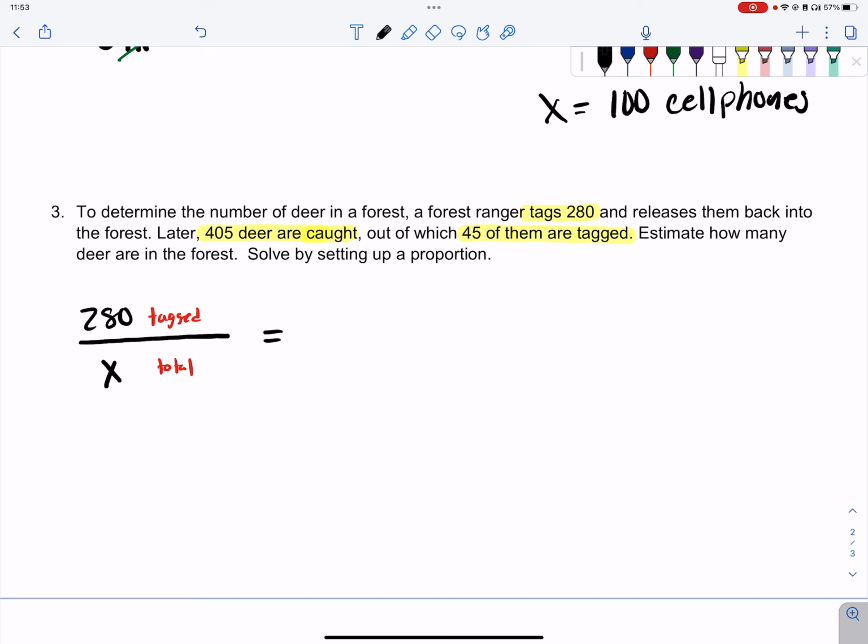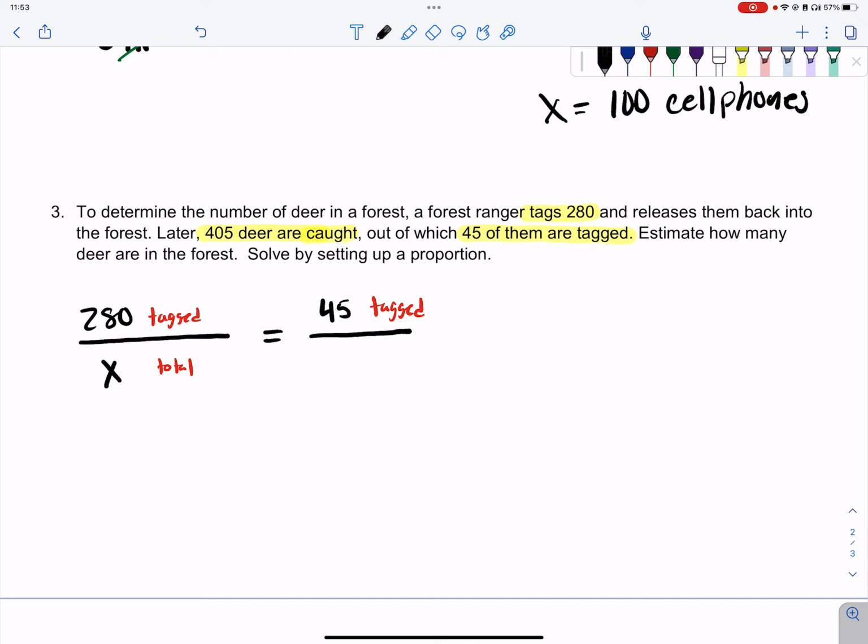But we've been given more information. We know that 405 deer were caught, of which 45 of them are tagged. So I'm going to put the 45 on top because that's matching my tagged that I did on the left side.